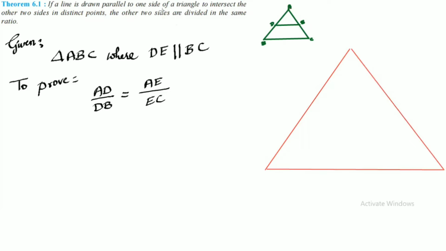So this is the triangle ABC, and we have DE, which is parallel to BC. So I'm going to draw a line parallel to BC, which is DE.